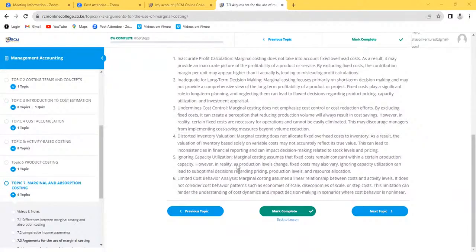However, in reality, as production levels change, fixed costs may also vary. Ignoring capacity utilization can lead to suboptimal decisions regarding pricing, production levels, and resource allocation. How do we really look at this?